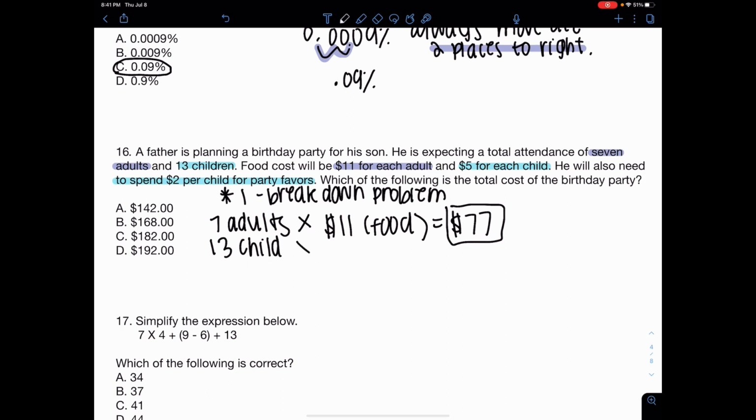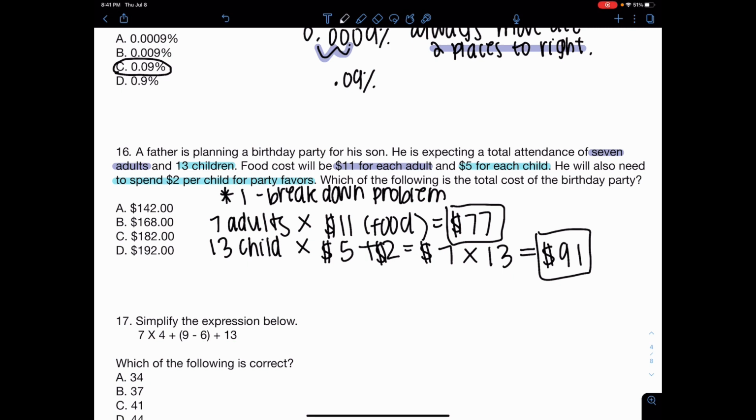And there is $5 for food plus the $2 of party favors, giving a total of $7 per child times each child, which is 13. So $7 per child for 13 children is going to be a total of $91.